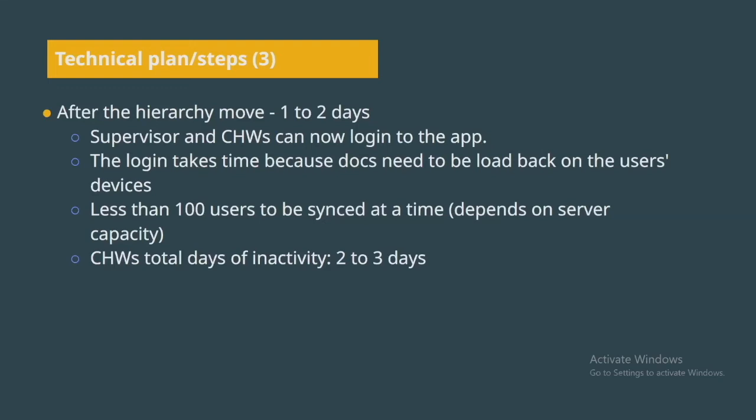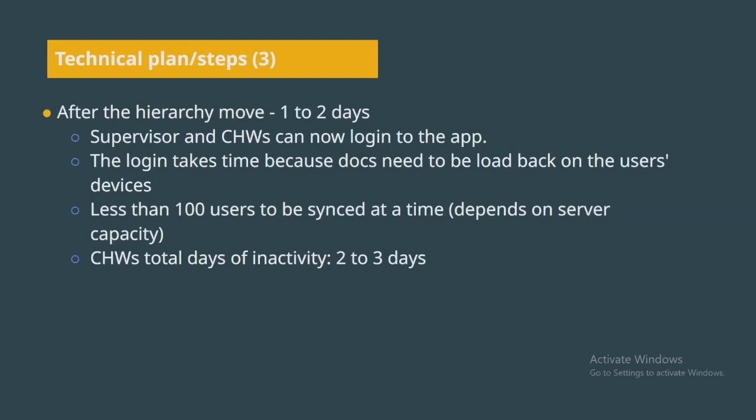And there were some hiccups, and there were also some problems that were identified and fixed later to make sure that the users can synchronize, and that other users who are not part of this move at that time are able to use the app normally.